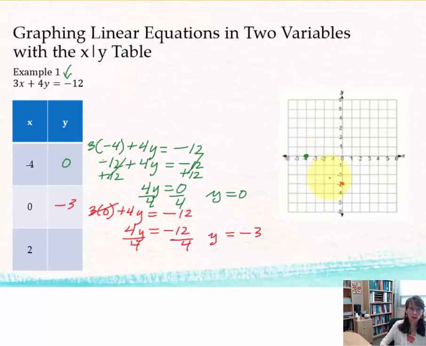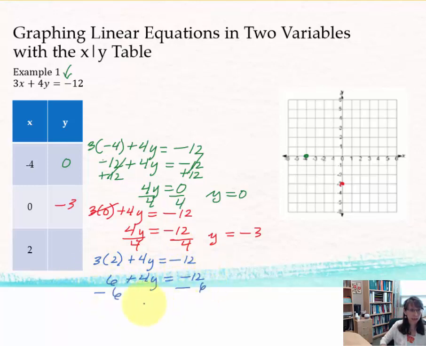I could go ahead and draw the line right now, but typically we want to find at least 3 ordered pairs to make sure they all line up in a row. It's kind of our insurance point. So the next substitution is x value of 2. 3 times 2 plus 4y equals negative 12. So that makes 6 plus 4y equals negative 12.